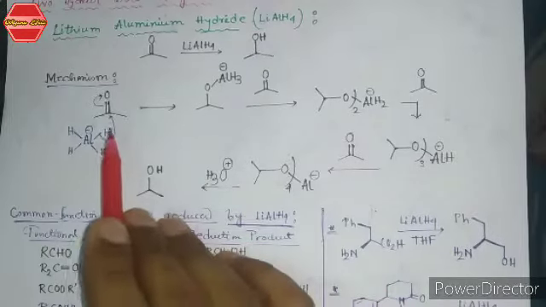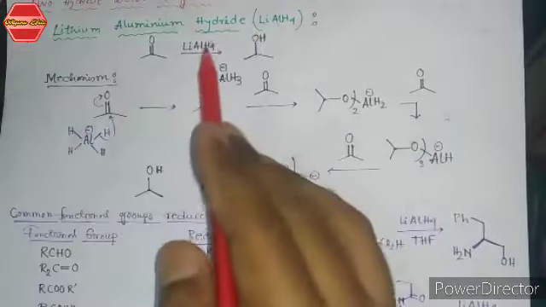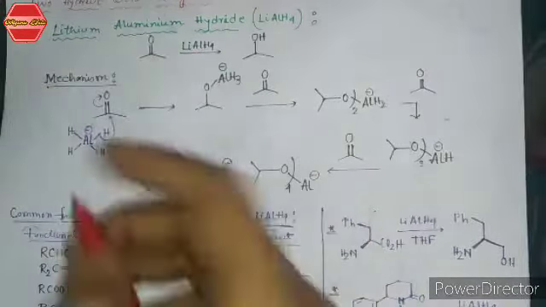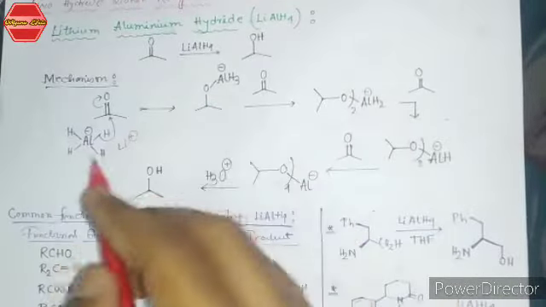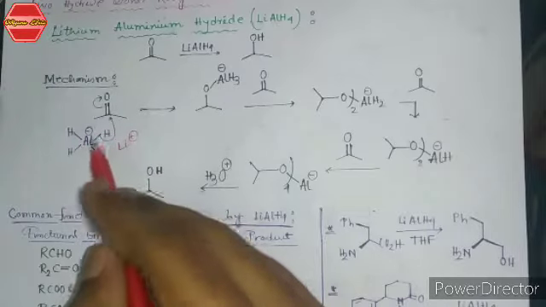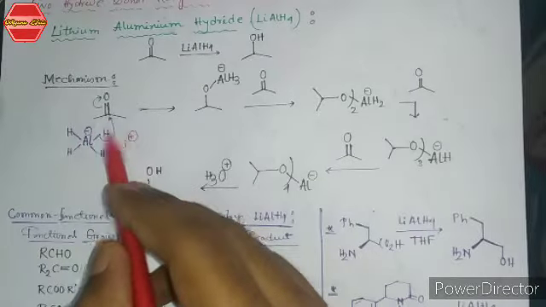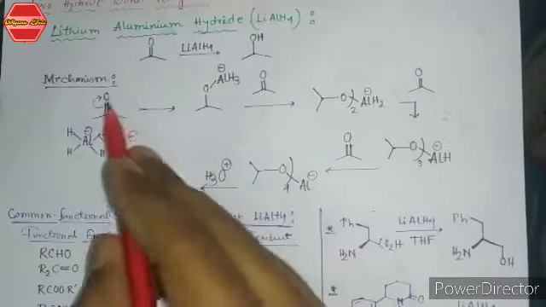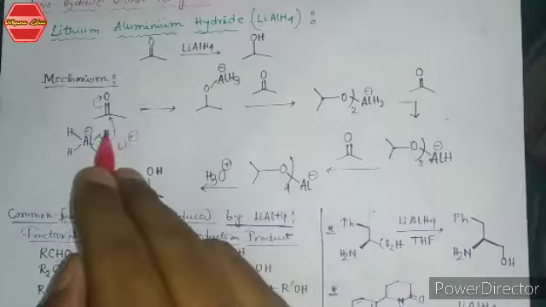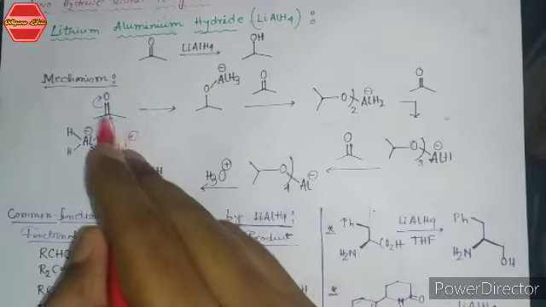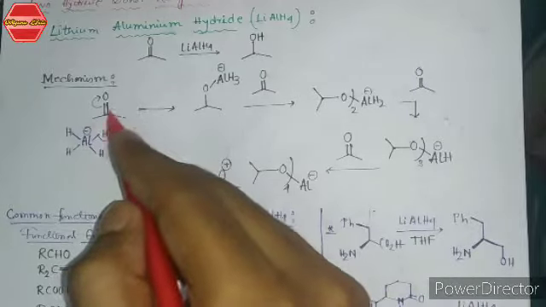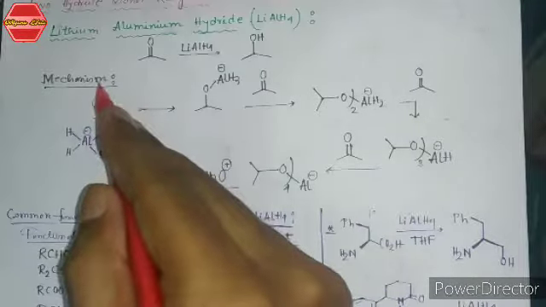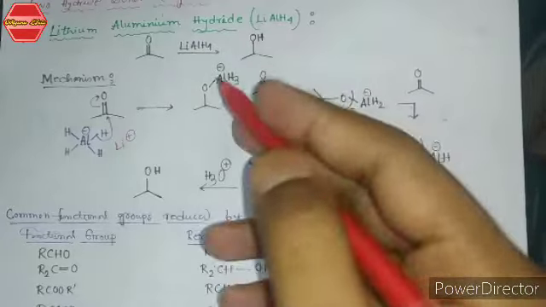Now see, if we take lithium as a salt, lithium is in the plus state and the aluminium hydride is minus, from which the hydride is donated to the ketone over this carbon. This hydride is first donated to the carbon, and this is a nucleophilic attack over the carbonyl, and the bond goes back to the oxygen atom.